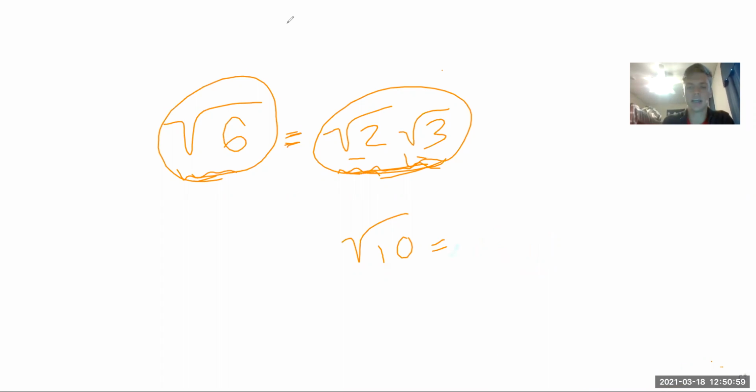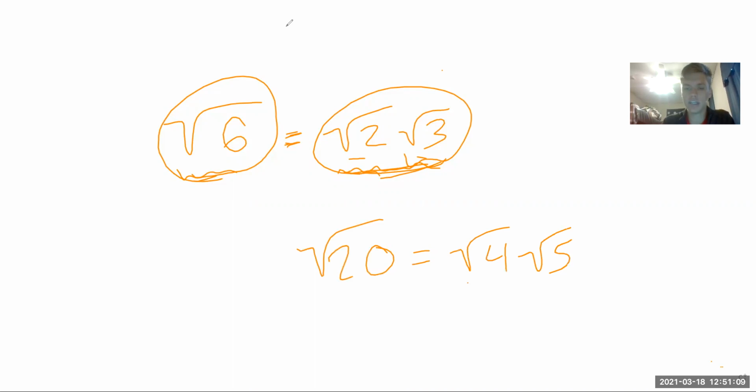And that's why I would say if you have, let's say, square root of 20, and you break that down into square root of 4 times square root of 5, you see here, you can actually make this 2 times the square root of 5. And then you might think, oh, well, that's two things. Well, it's a smaller radical, first of all, and it's something that's a little bit easier to work with than the square root of 20.